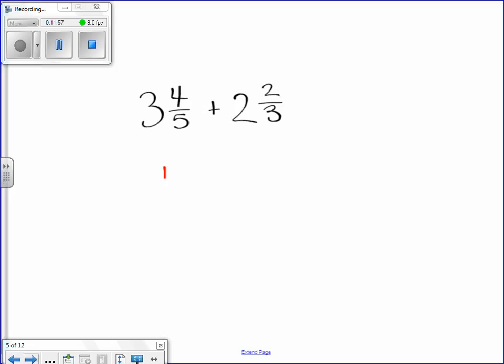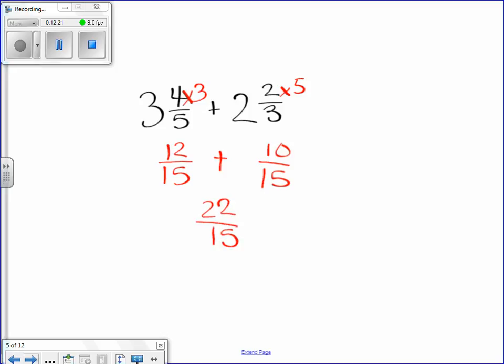Okay, so common denominator is 15. 5 to get to 15 is 3. 4 times 3 is 12. 3 to get to 15 is 5. 2 times 5 is 10. 12 plus 10? 22 over 15.